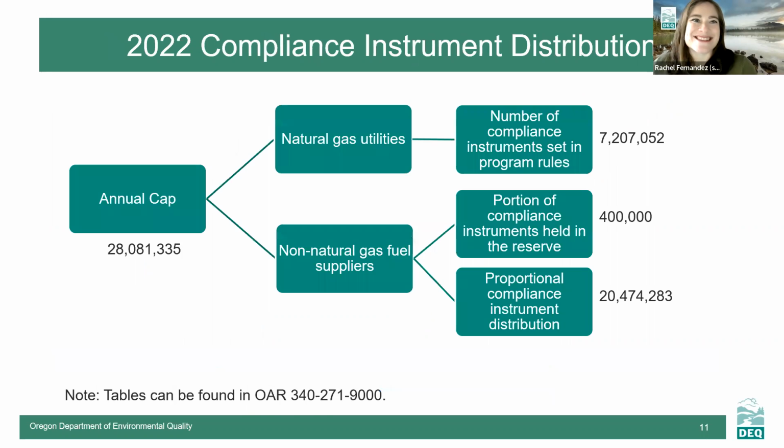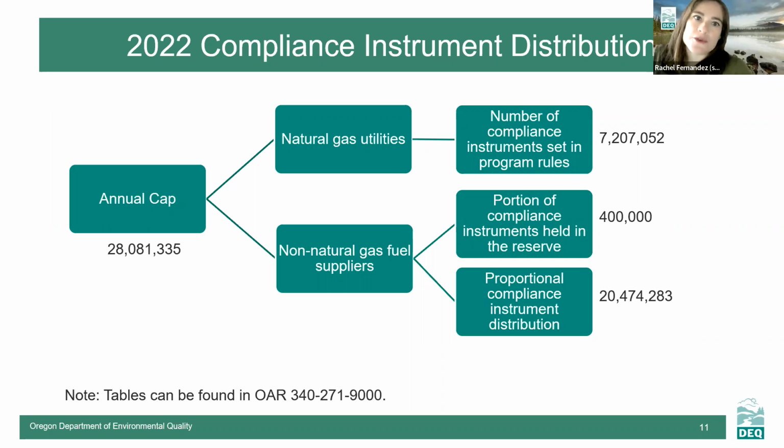Could you please advance the slide? Thanks. Again, just a quick reminder about how we did the distribution for the 2022 compliance instruments. We started with the annual cap, and all of this is informed in Rule 9000 in the tables.